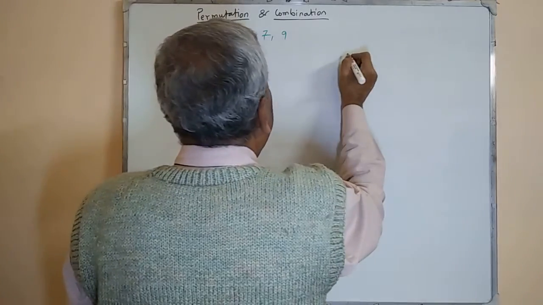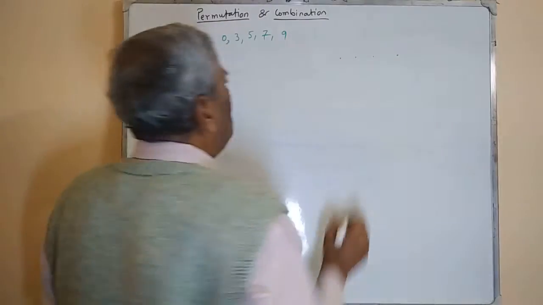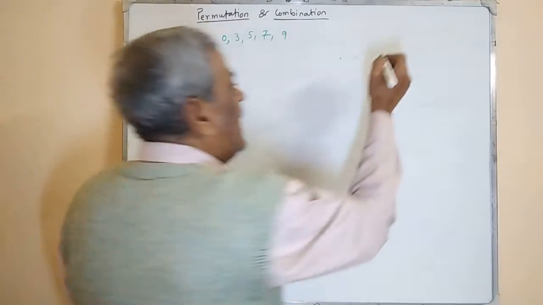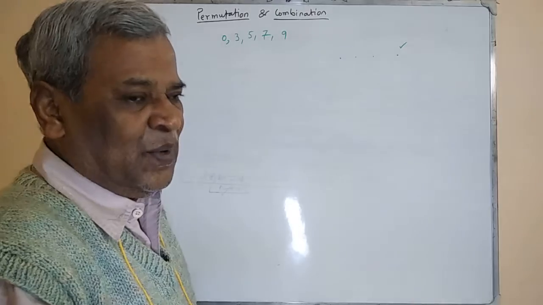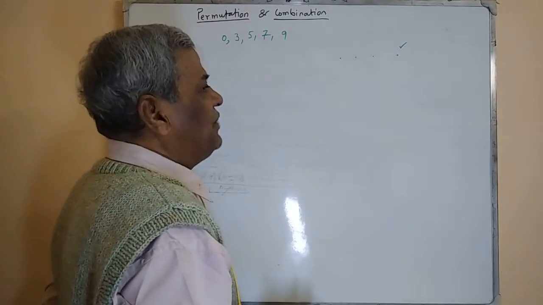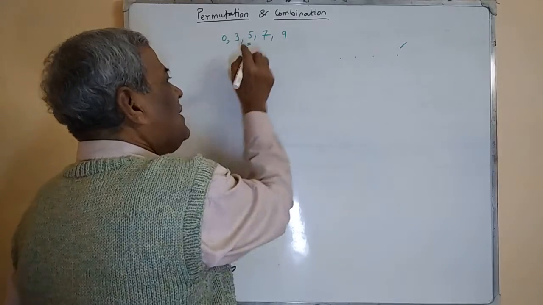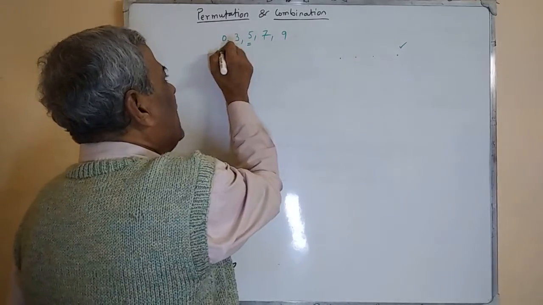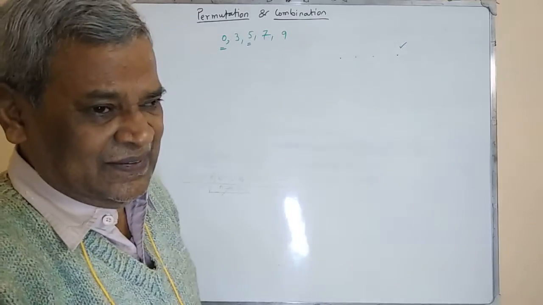The problem is, here also we have to fill up four positions, and some positions are restricted. What is that restriction? The number must be divisible by 5. So here 5 can be placed, 0 can be placed. This is one restriction.